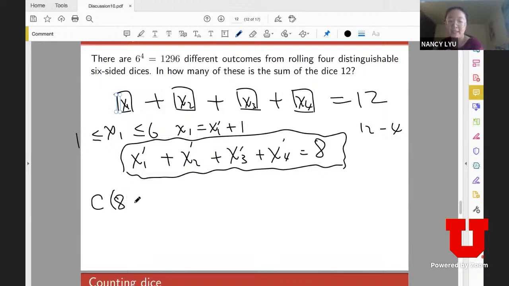Your n would be 4. You have 4 types, 4 possibilities, and you want to choose.